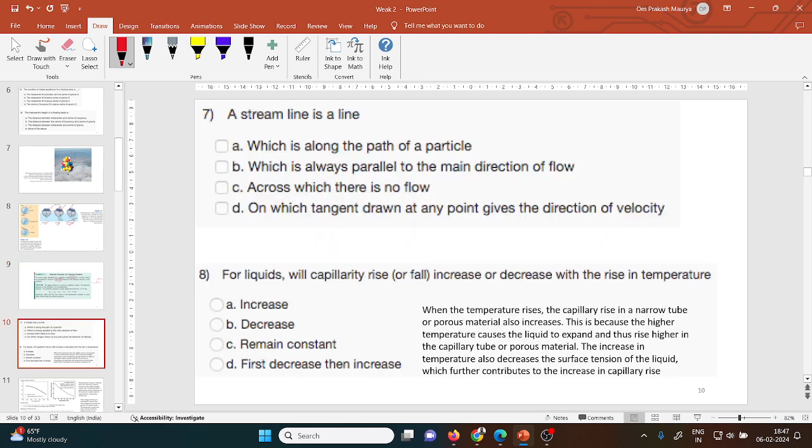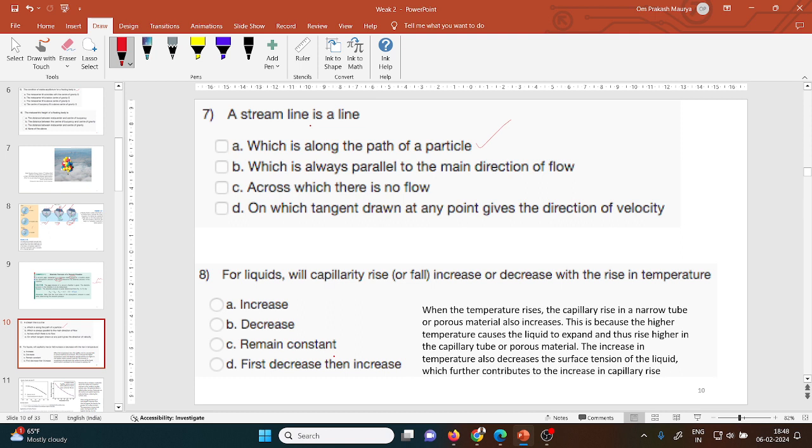So now moving on. Okay, streamline concept. I think streamline is also covered in week 2. So question 7, what is it telling? A streamline is a line which is along the path of the particle. This is a very important concept, always important in fluid mechanics.